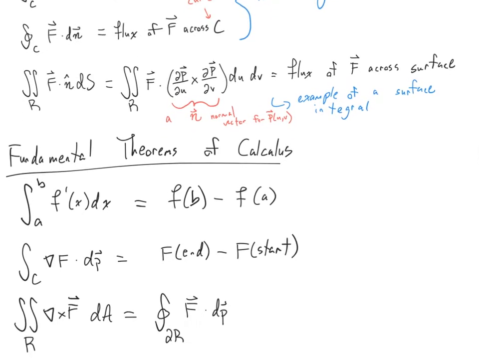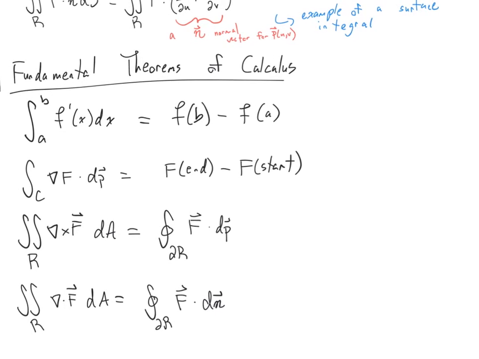And let's recall all of those as well. And so our fundamental theorems of calculus look something like, we have the fundamental theorem of calculus, the ordinary one. So if you have a derivative of a function and you integrate it, you get just f of b minus f of a. So you take the antiderivative.